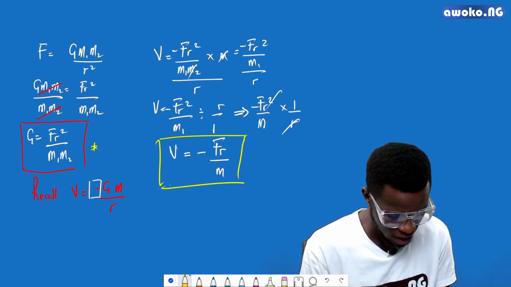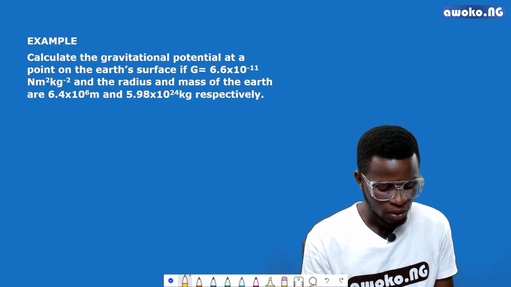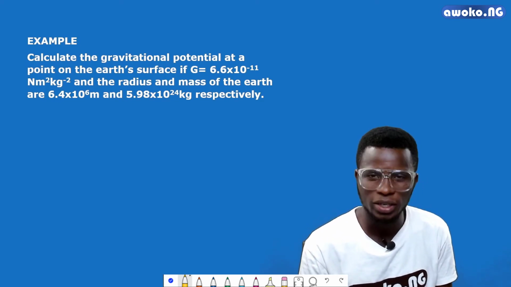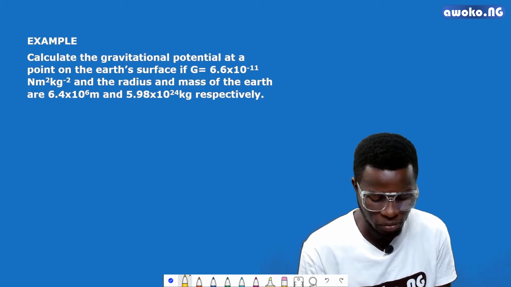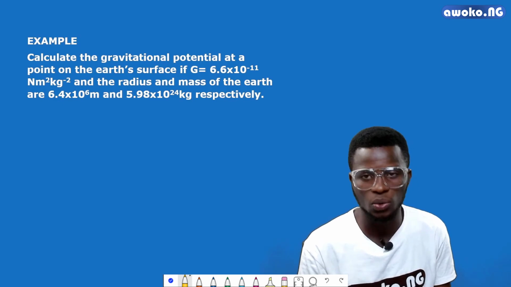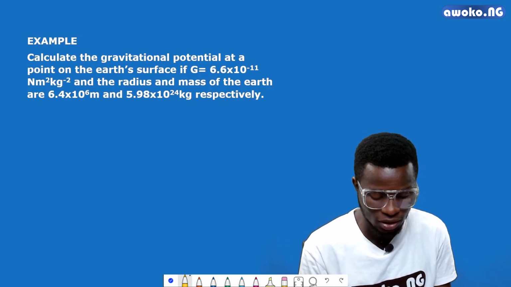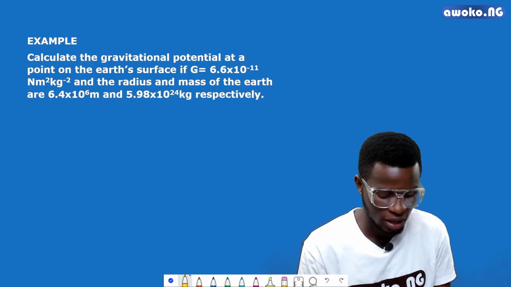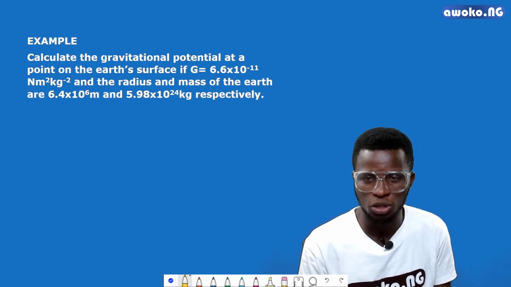So let us consider an example. We are told to calculate the gravitational potential at a point on the Earth's surface if G is equal to 6.6 times 10 raised to the power minus 11 newton meters per kilogram squared, and the radius and the mass of the Earth are 6.4 times 10 to the power 6 meters and 5.98 times 10 to the power 24 kilogram respectively.